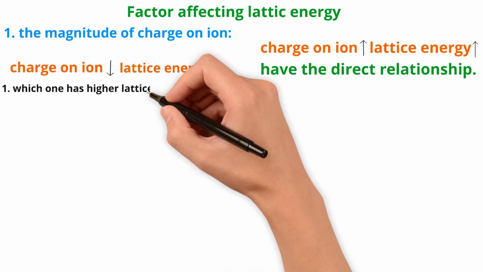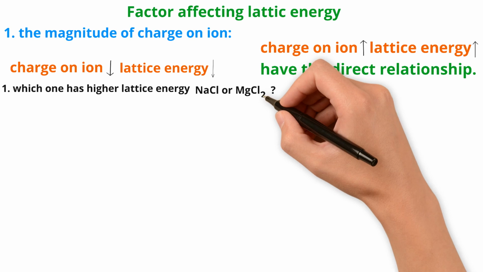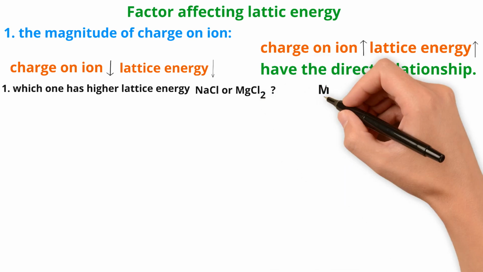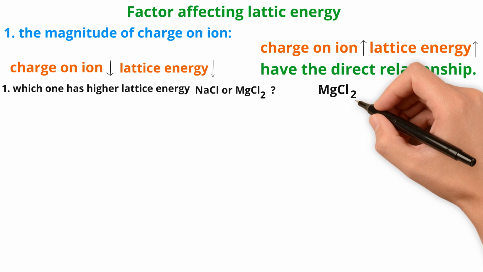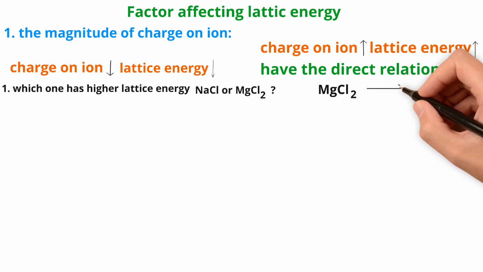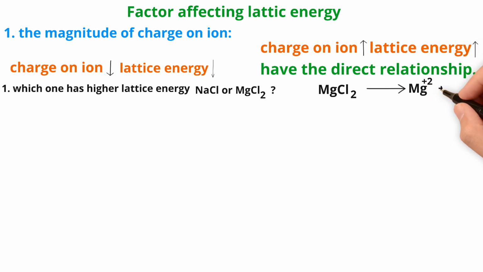Which one has higher lattice energy? Sodium chloride or magnesium chloride? Think a moment and answer it. Magnesium chloride has magnesium plus 2 ions and chloride minus 1 ions.